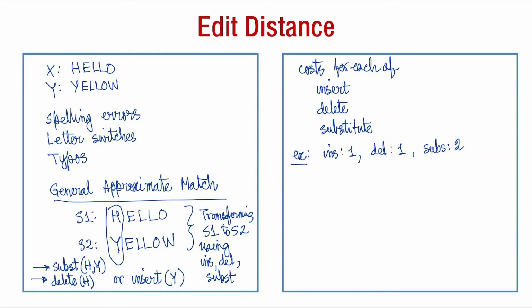Then if we convert hello to yellow, our sequence could be insert Y, delete H. So if I do insert Y and delete H, then in hello, if I insert Y, I get YHELLO.